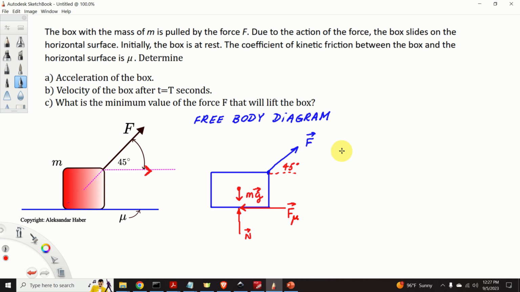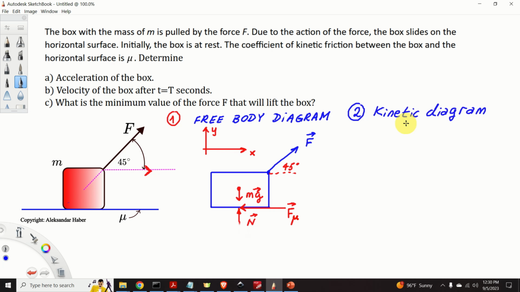Next, we need to introduce the coordinate system. My x-axis will be in the direction of movement. Here's x. And the y-axis is perpendicular to the x-axis. Here's the coordinate system. This was the step number 1.